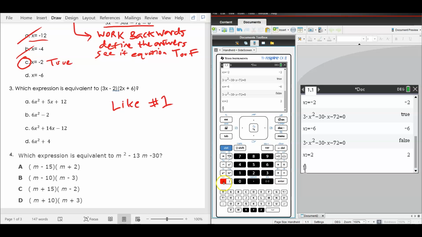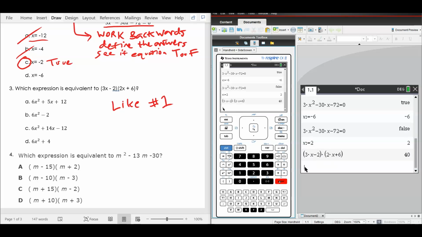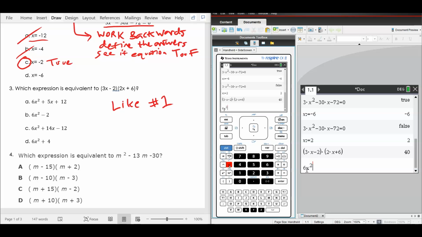Let's type in the original, 3x minus 2 parentheses 2x plus 6. Okay, so I got 40. So which one of my answer choices also gives me 40? Start typing in letter A, 6x squared plus 5x plus 12.